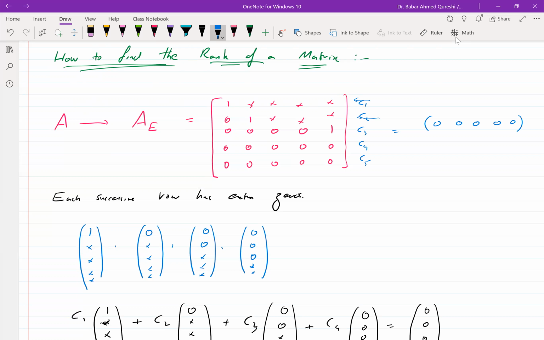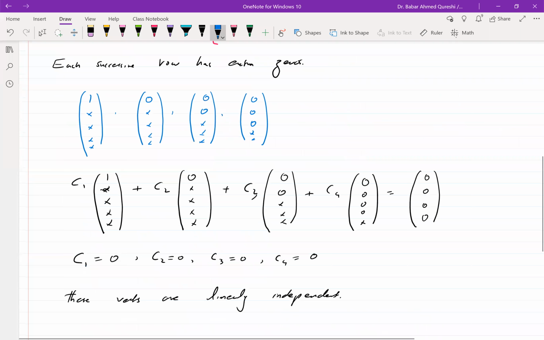But since all the entries below the first row are 0, whatever C2, C3, C4, C5 I choose, I'm still not able to cancel anything with the C1. So I will have to put C1 equal to 0. Similarly, put C2 equal to 0 to make the second entry equal to 0, and so on.